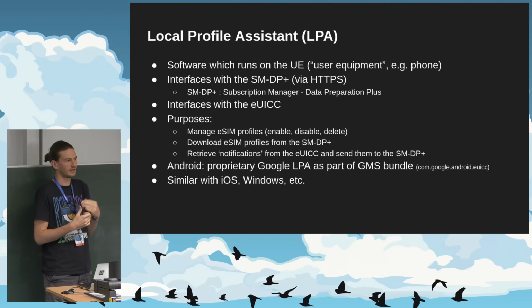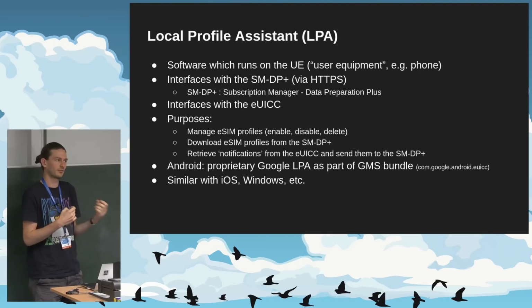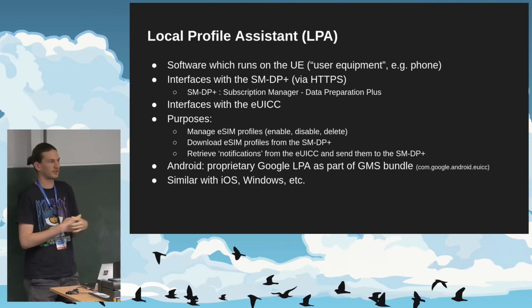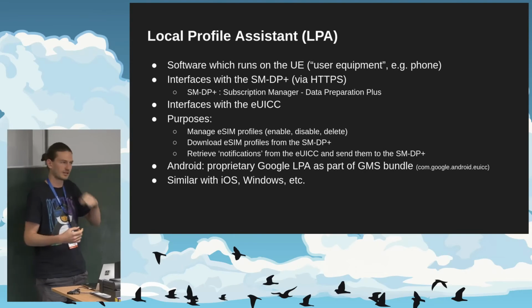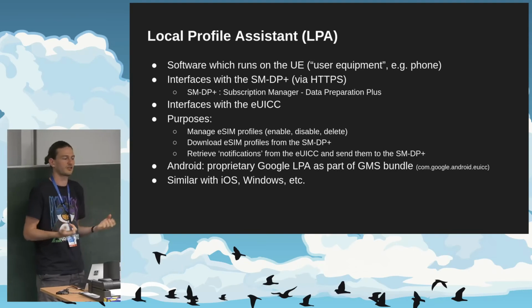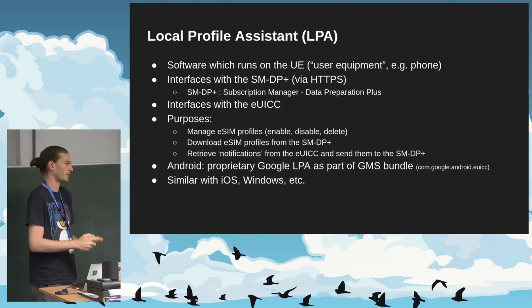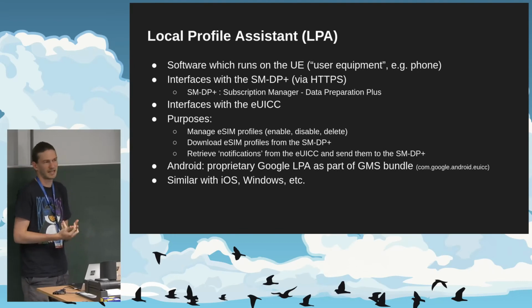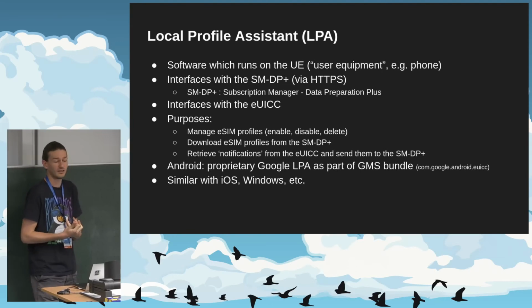It will create a notification about this install event, and that it was successful. And then the LPA, the local assistant app, is supposed to send this to the server so that the server also knows that the profile has been installed successfully. There are also notifications for enabling and disabling a profile. I'm guessing also for delete, but I haven't really deleted profiles myself yet.